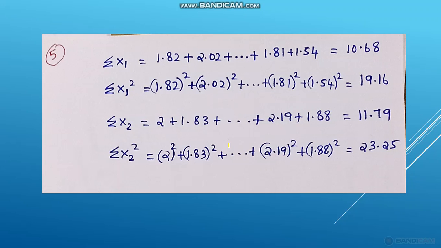The first step is to find the summation of x1, that is 1.82 plus 2.02 and so on, and the answer is 10.68. Next, find the summation of x1 square, meaning you square each term and then add: 1.8 square plus 2.02 square and so on.